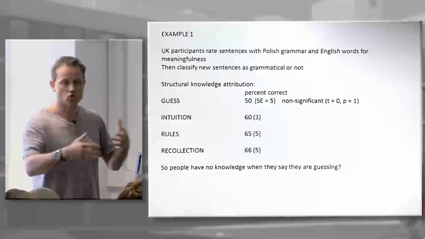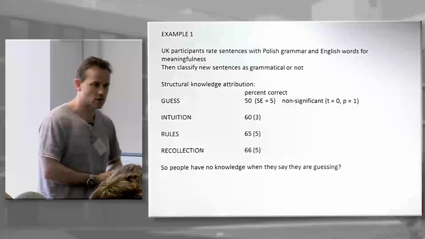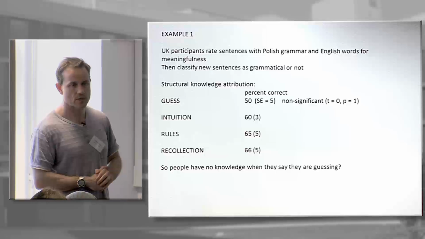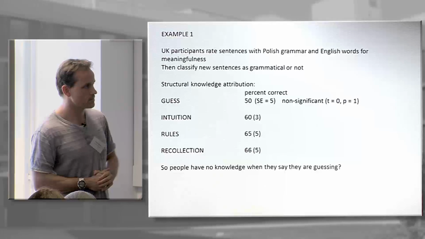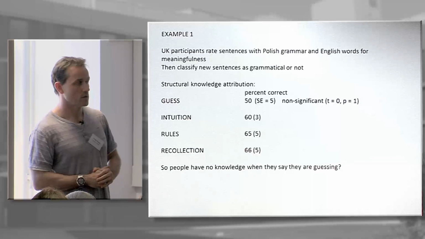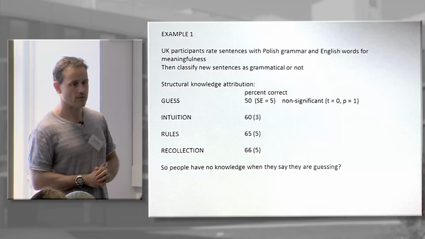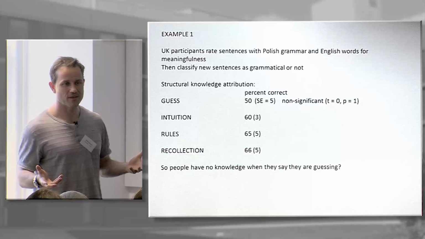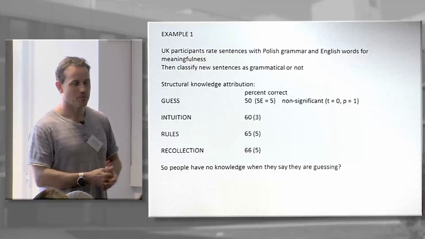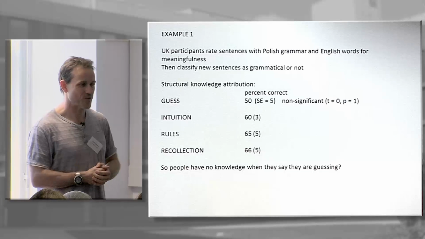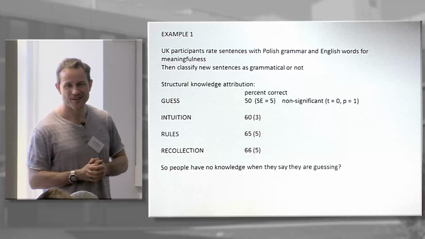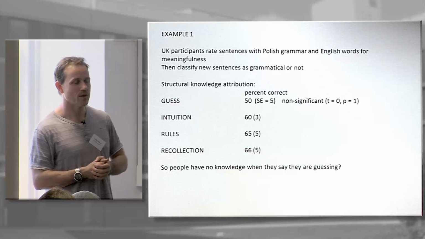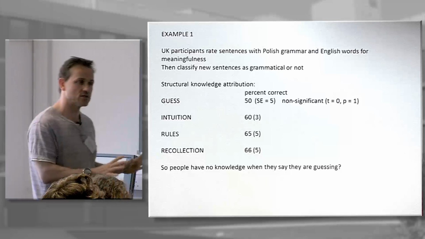So there's no unconscious knowledge of the sort that expresses itself when you say you're guessing, when you don't know that you know at all. So do people have no knowledge when they say they're guessing? Well, based on what I've said so far, I hope you would say, I don't know yet. All you've told me is it's non-significant. For all I know, you just have insensitivity.